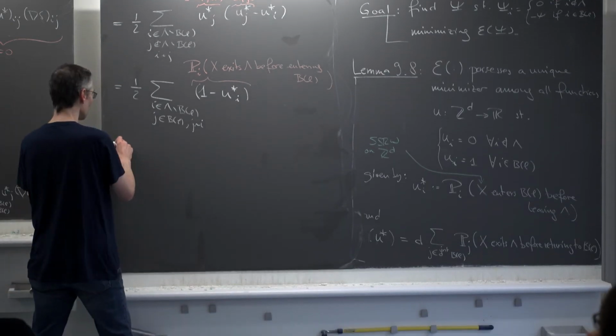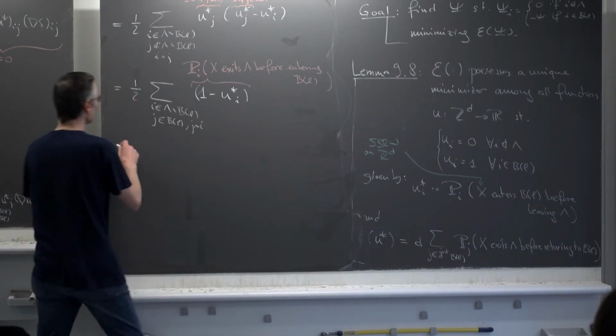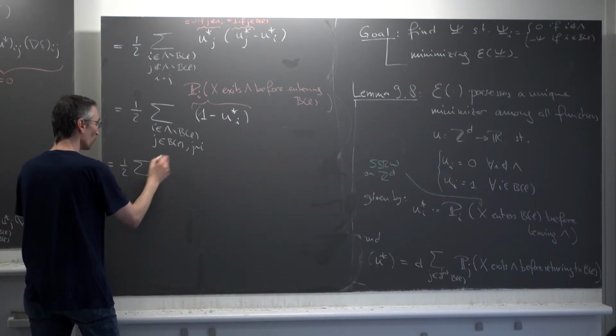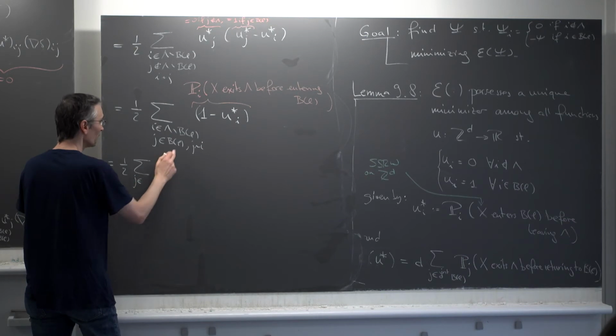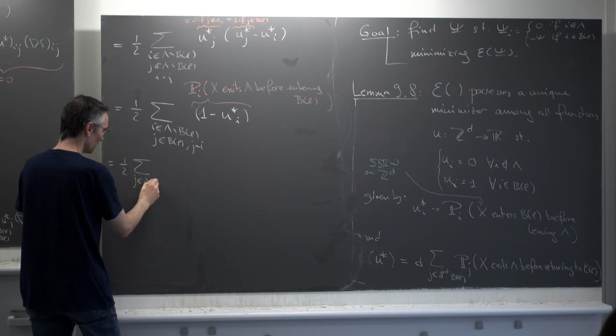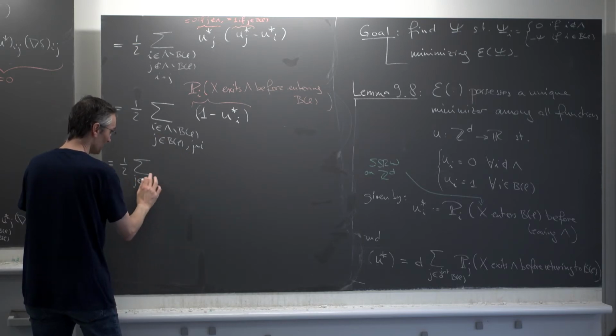So now let's just see that we can bring it to something slightly simpler, which is written here. So we still get 1/2. Let me sum first over all j which are in B_L. So if I want j to be in B_L and to have a neighbor which is not in B_L, it has better be in the interior boundary of B_L.